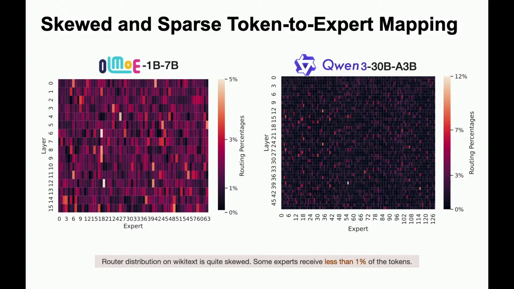And this is Qwen3, which is another very large model. This is a 30 billion parameter model, of which 3 billion are activated. Okay? So in OLMoE, we have about 16 layers and 64 experts. And in Qwen, this is about 48 layers and 128 experts. And you can see here that the routing distribution is quite sparse, right?